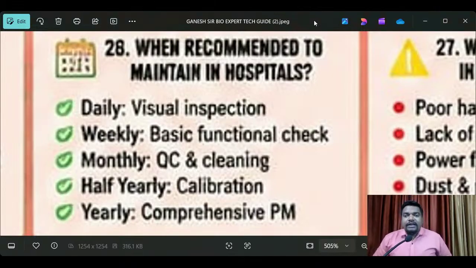Right, come on. Now, when to recommend maintenance in the hospital: daily visual inspection, weekly basic functional check, monthly QC and cleaning, half-yearly calibration, and yearly comprehensive PM. As a biomedical engineer, these are the maintenance things you have to follow. Nobody will tell you these things.